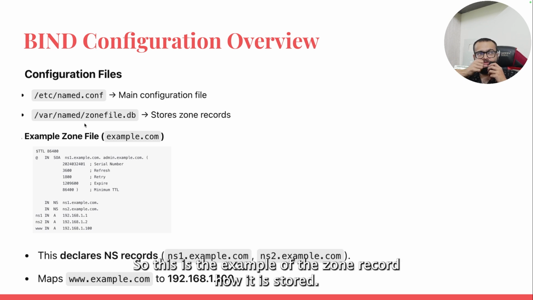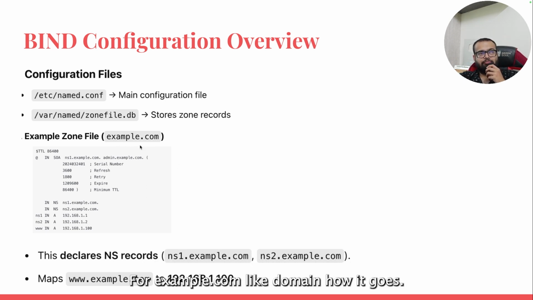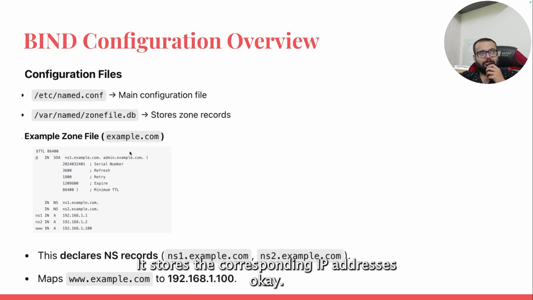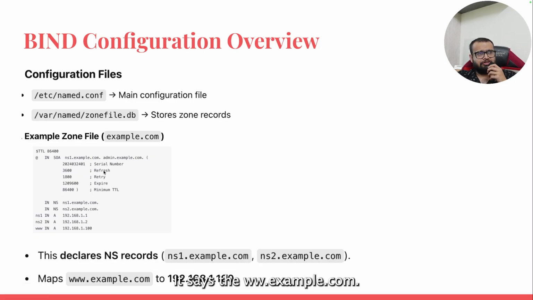This is an example of a zone record and how it is stored. For example, for a .com domain, it stores the name server and the corresponding IP addresses. It says that www.example.com maps to 192.168.1.100, and NS records are declared over here.